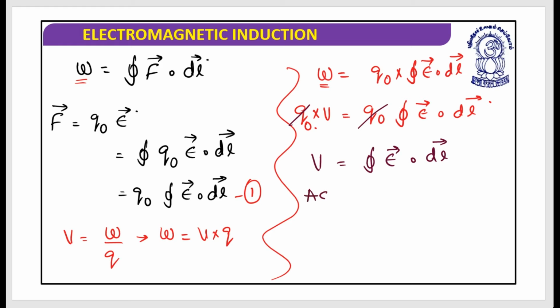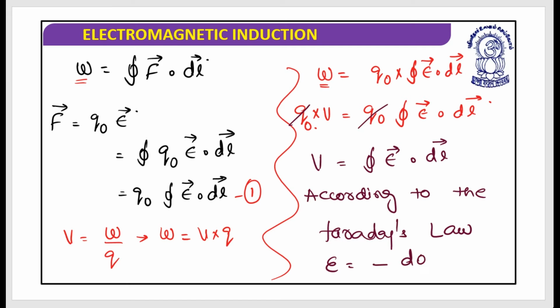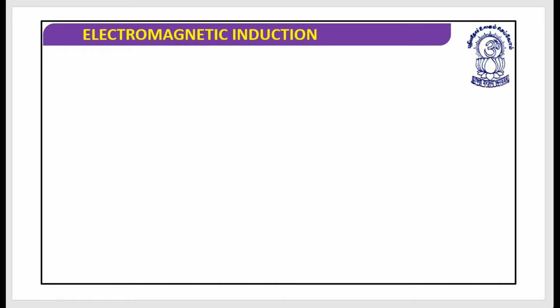Now according to Faraday's law, E is equal to minus d phi by dt. So let's write down the complete relation over here. We understood that EMF is equal to minus d phi by dt, as well as I have the relation that EMF could be written as the line integral of E dot dl.